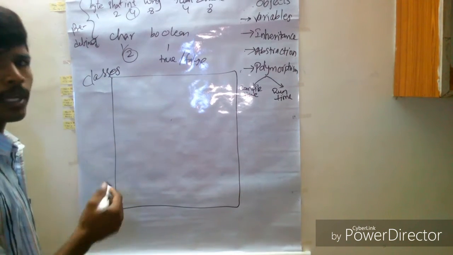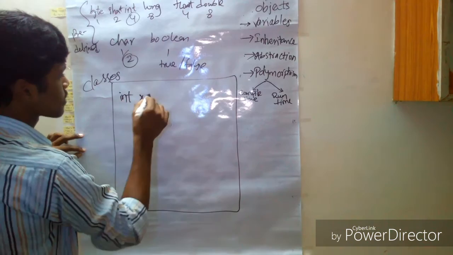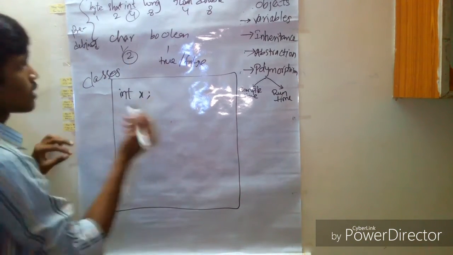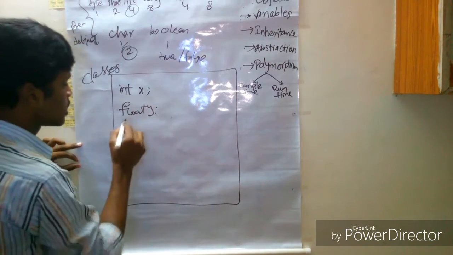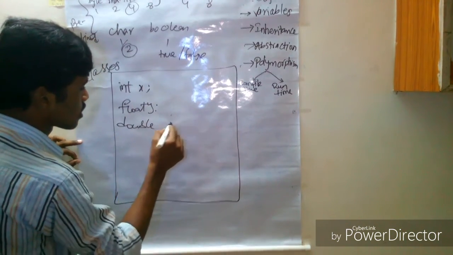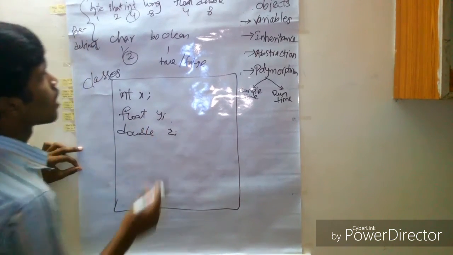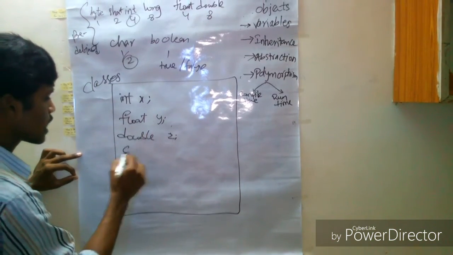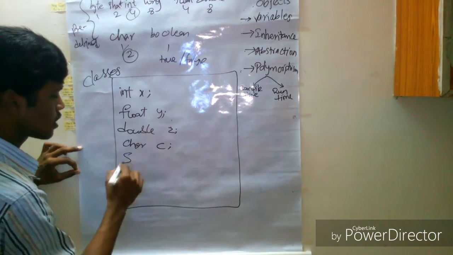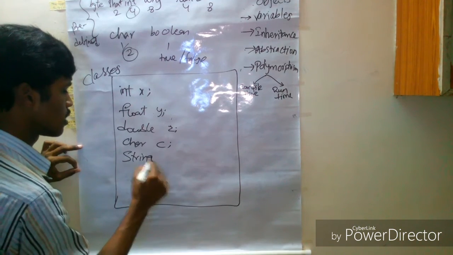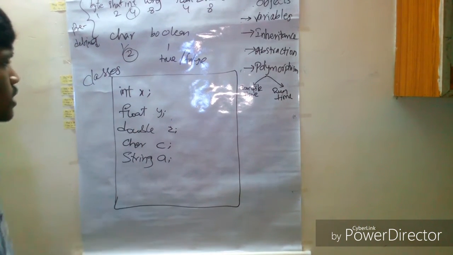In these classes, we can have whatever we want, like an integer x, a float y, and a double z. And while coming to character, if you want a character, you can have a character C, and if you want a string A, this way we can define a class.